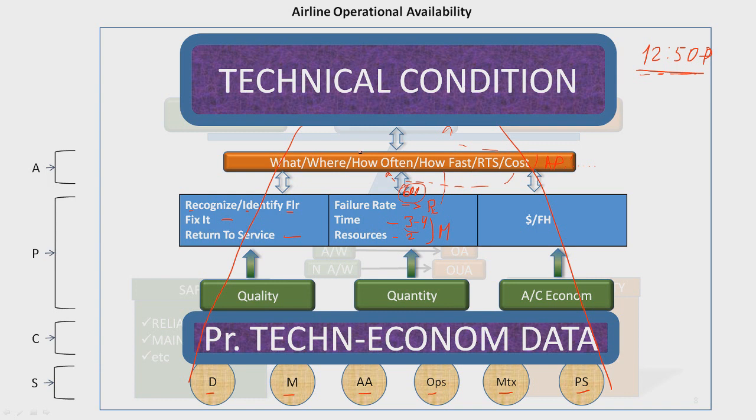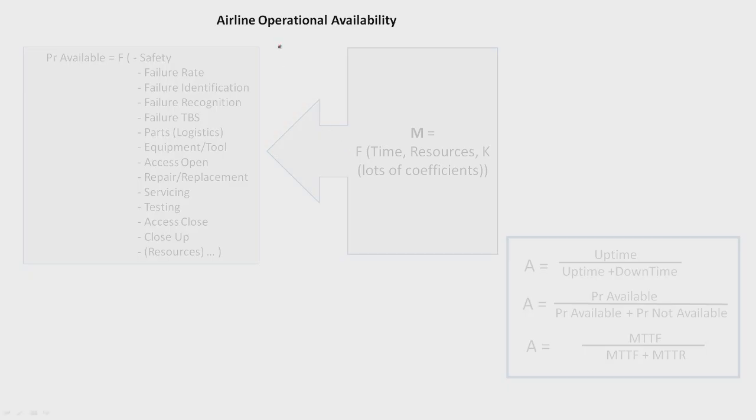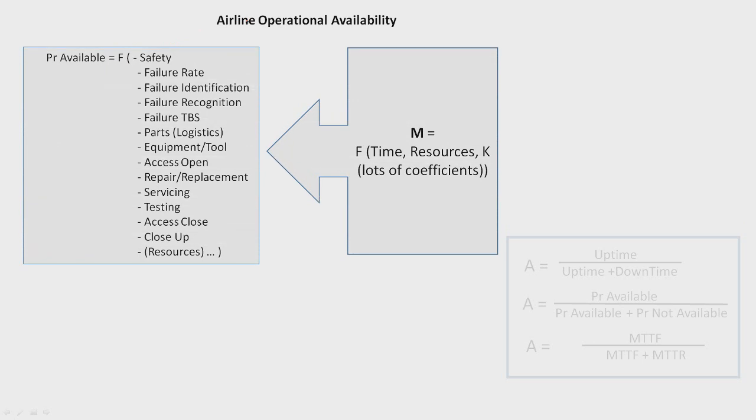Okay? Let's move to the next slide and put here some mathematical functions, since we said that we are going to calculate operational technical availability on system level. Let's see how all these contributors are affecting our product availability and product unavailability from a mathematical perspective.